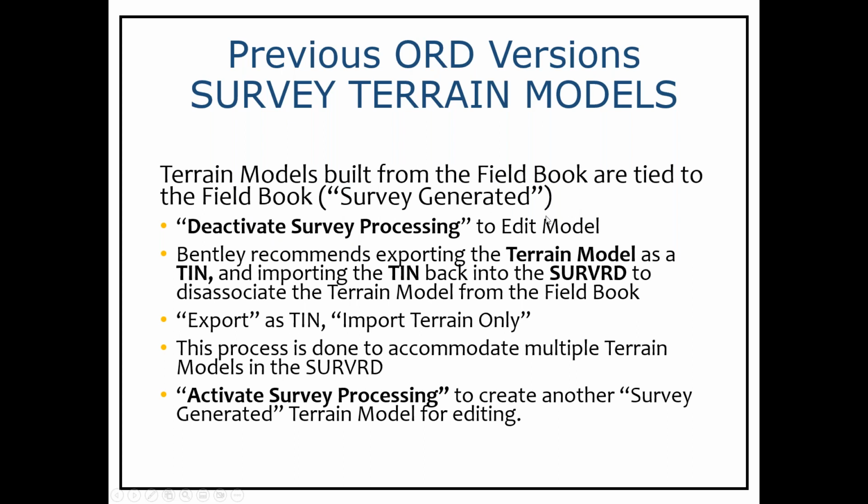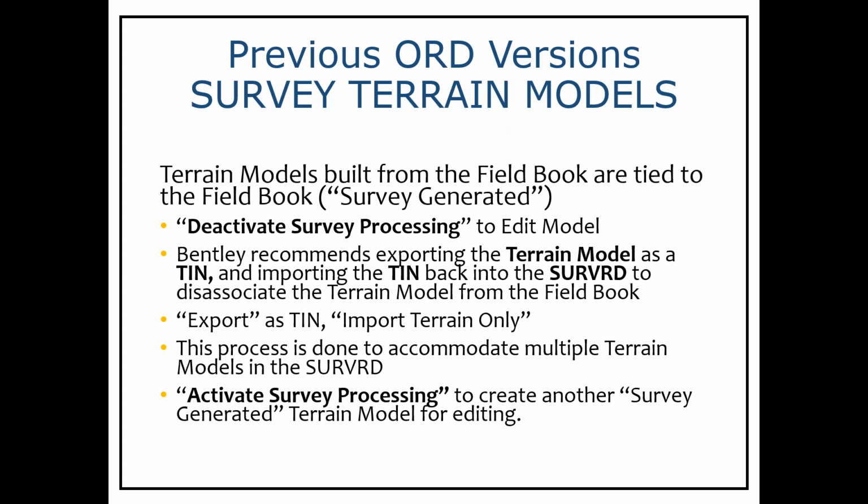So any terrain model edits, like swapping vertexes, or moving vertexes, or deleting them, or swapping lines for the triangles, or deleting lines of the triangles, had to be done with the survey processing deactivated. When you turned it back on, it would undo your changes. You turn it off, you make your edits, you could not turn it back on without undoing those edits.